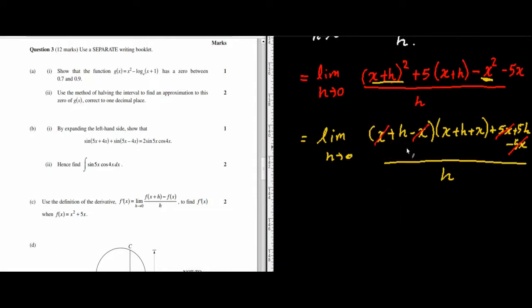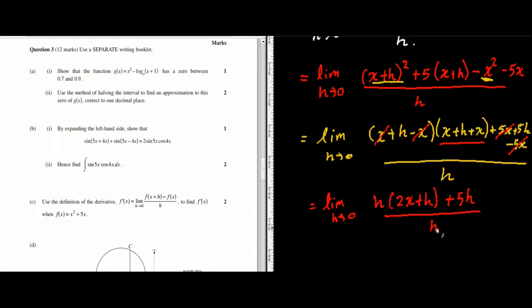Now see how I have h multiplied by all of that and h multiplied by 5 over here. So what I can do is, it's going to become limit of h approaching 0, h times 2x plus h, because remember inside the brackets this thing becomes 2x plus h, plus 5h, divided by h.